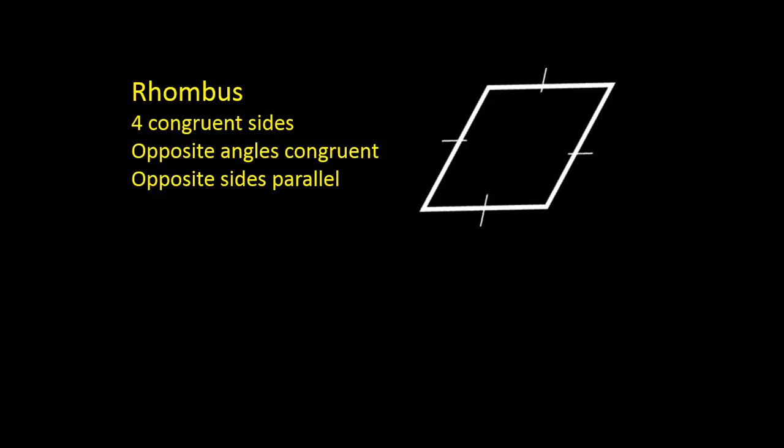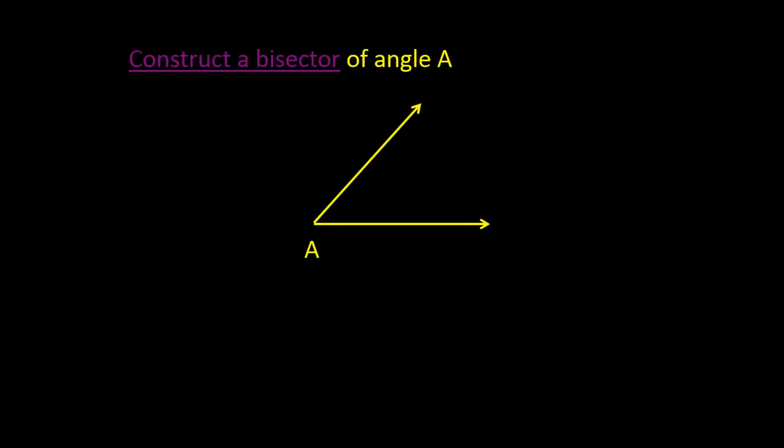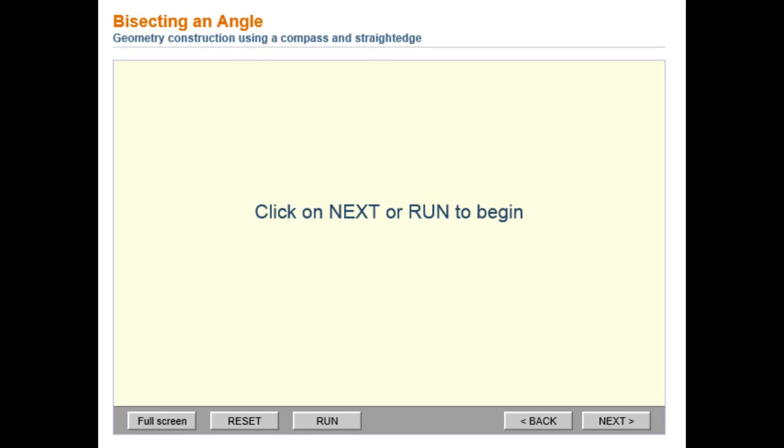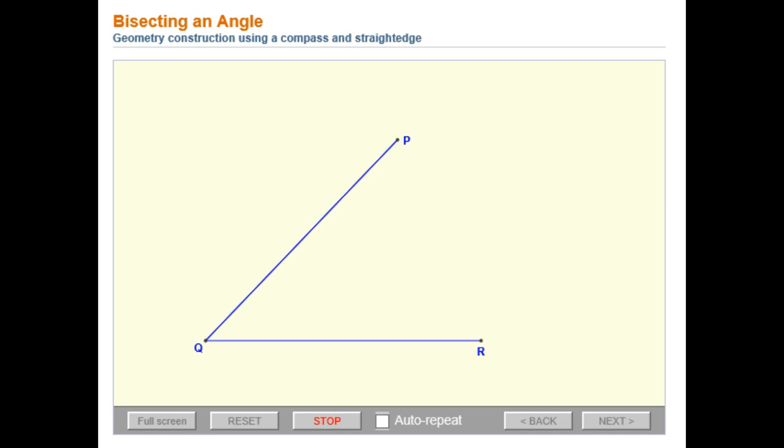Now these properties of a rhombus, that it has four congruent sides, the opposite angles are congruent, and the opposite sides are parallel, allow us to make a lot of other constructions based on the construction of a rhombus. And one of those constructions is this one, to construct a bisector of an angle. So let's look at that construction, how to bisect an angle.